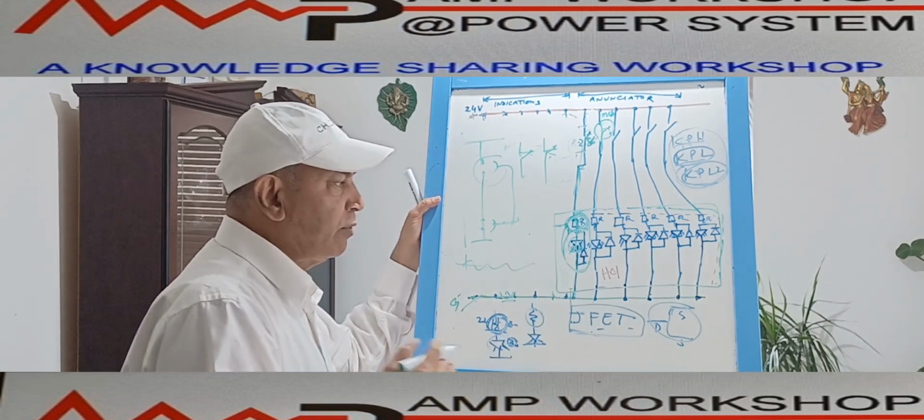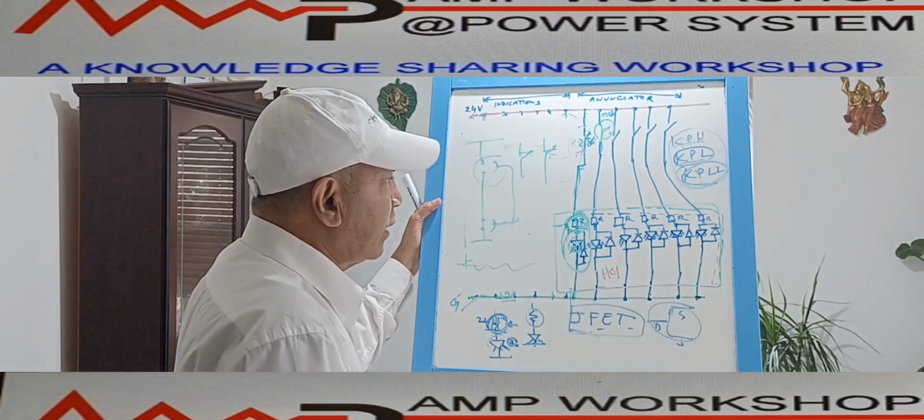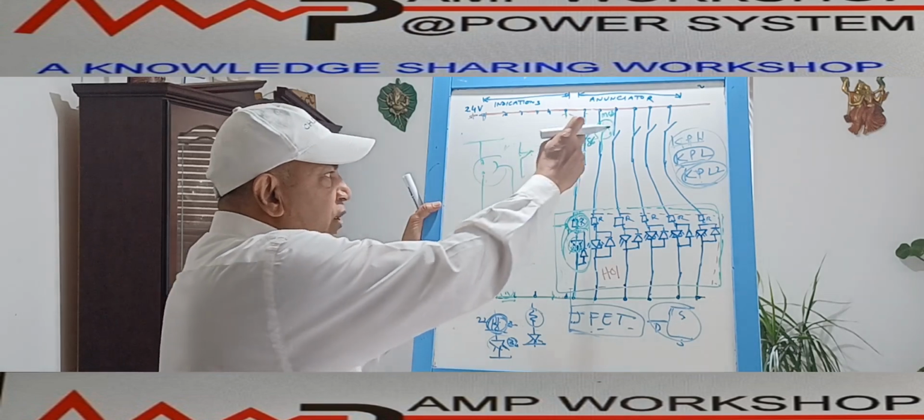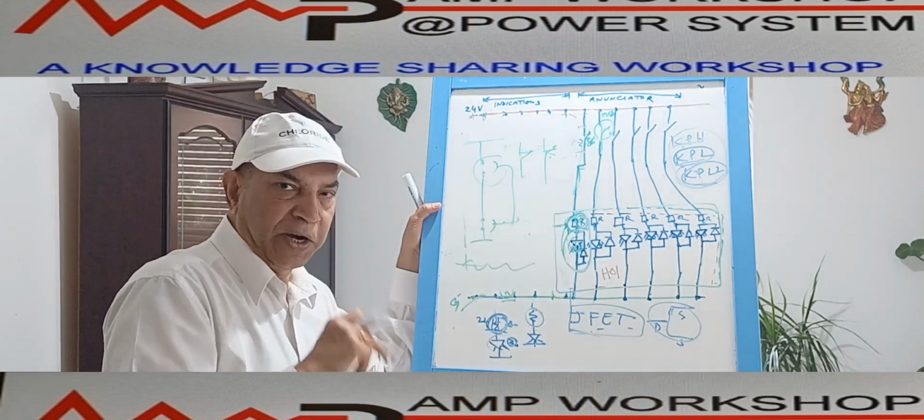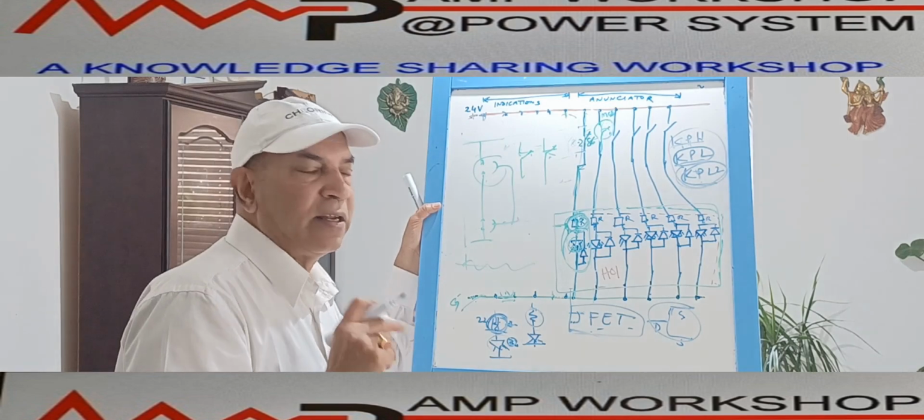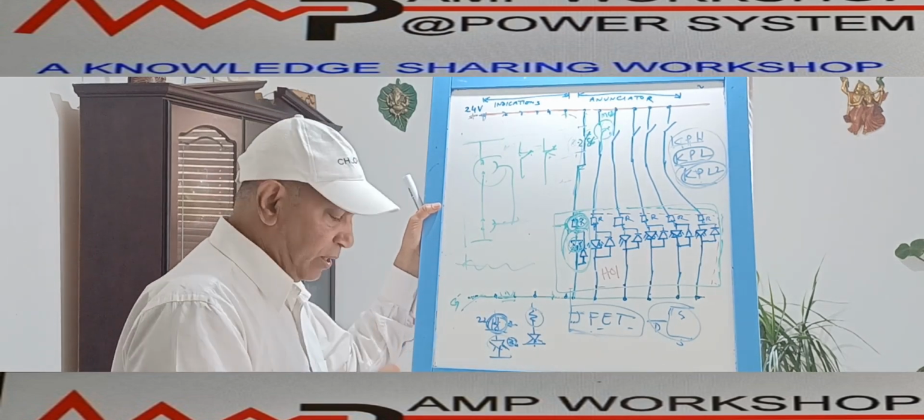I am coming back to how the horn will sound. The horn is also connected over here. So the MCB operating or tripping indicates that there is a fault in the MCB circuit.